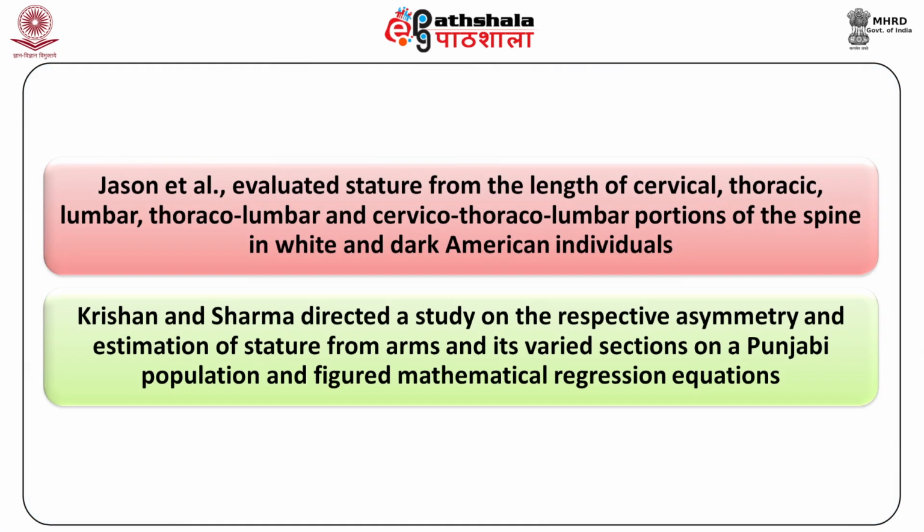Jason et al. evaluated stature from the length of the cervical, thoracic, lumbar, thoracolumbar and cervico-thoracolumbar portions of the spine in white and black American individuals. Whereas Krishna and Sharma directed a study on the bilateral asymmetry and estimation of stature from arms and its varied sections on a Punjabi population, and they figured a mathematical regression equation.